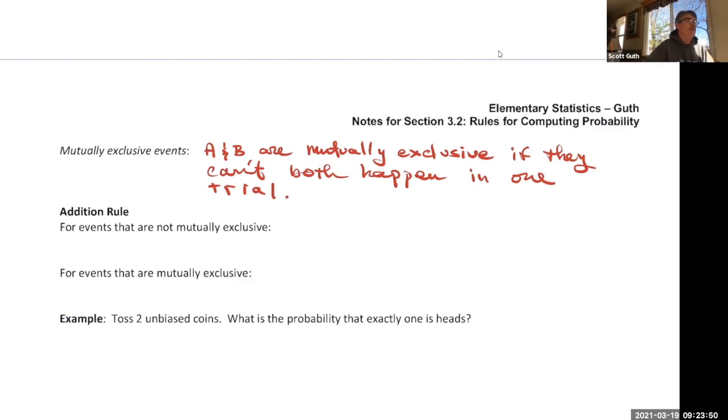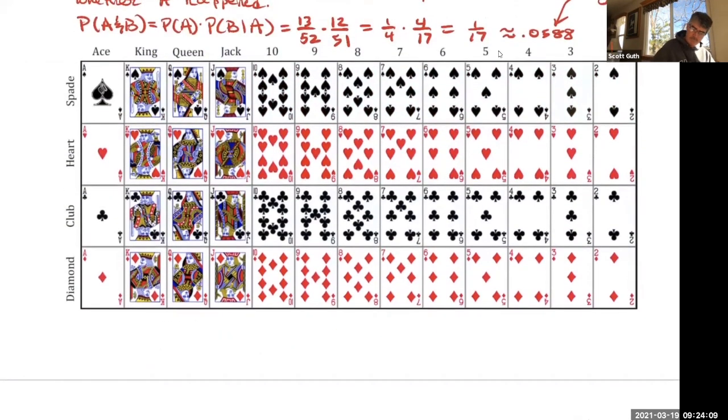So if you pick one card, are getting a heart and a spade mutually exclusive? Let me show the picture again. Can they both happen with one card, a heart and a spade?